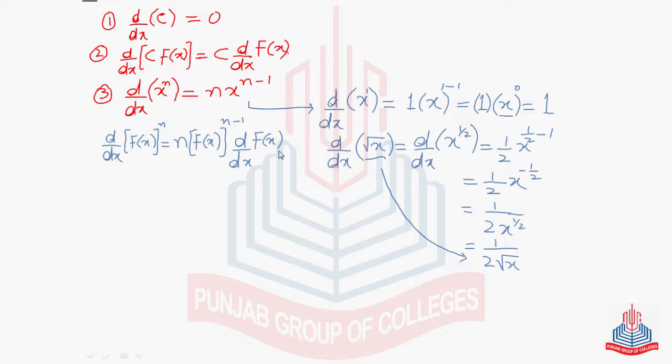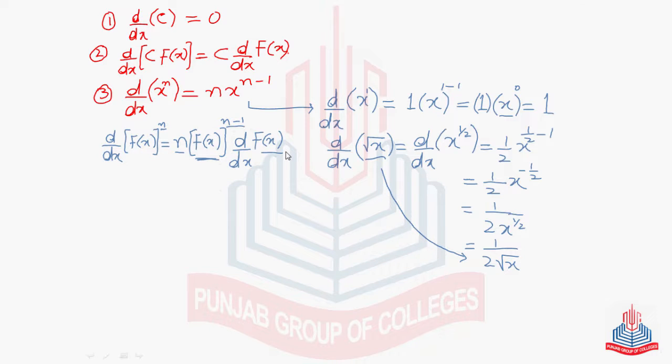A very important explanation: if we want to differentiate a function containing power n, it will be differentiated in this way: power n, function, power n minus 1, and again the derivative will apply on this function. So this will become d by dx of f(x).